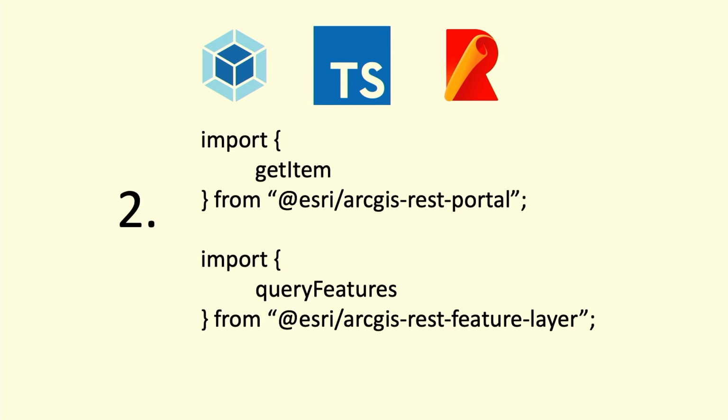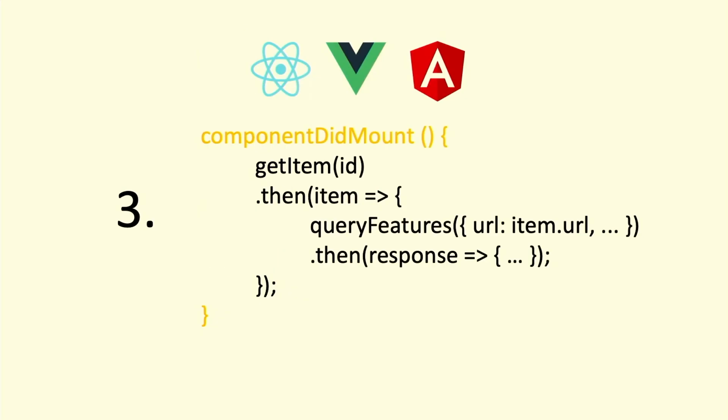Rest JS is distributed as ES modules, so it will work with any bundler like Webpack, TypeScript, Rollup, and in fact, if the bundlers support tree shaking, they will tree shake out just the functions that you need from those packages. And the final step is, when you're ready to use one of those functions, you're going to call it from the appropriate area of your framework.